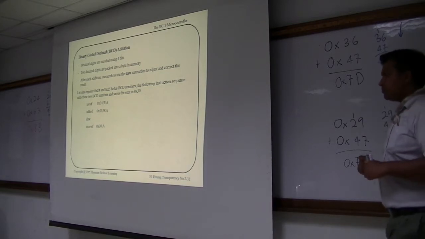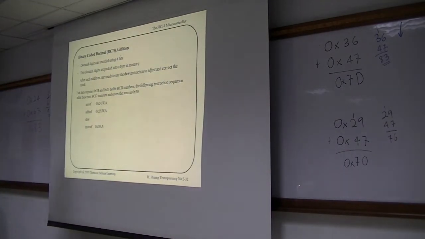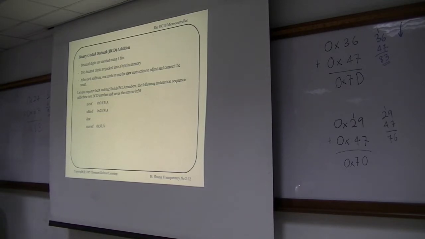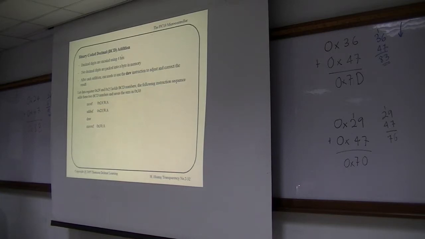So you might have learned this when you try to solve decimal numbers using hex digits. You have to make a decimal adjust. Have you ever learned decimal adjust? No. Really? Seriously, no? In digital logic you should have learned what?